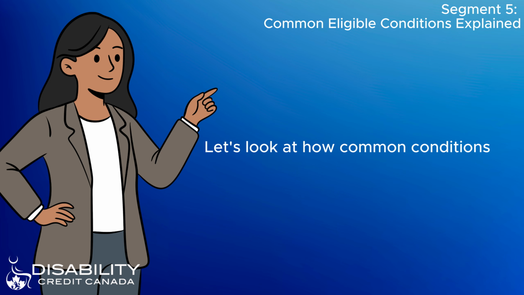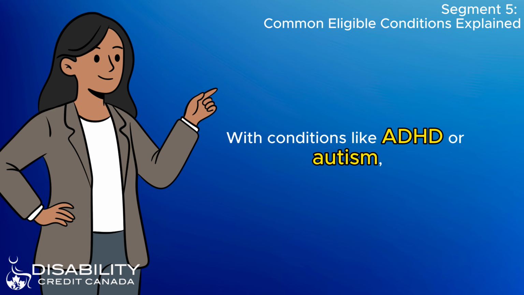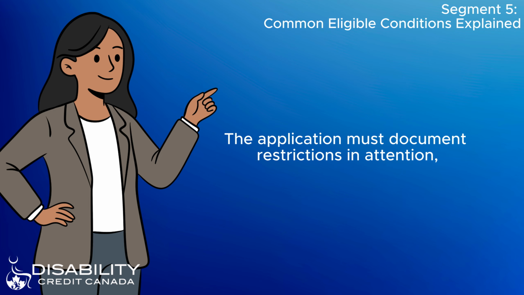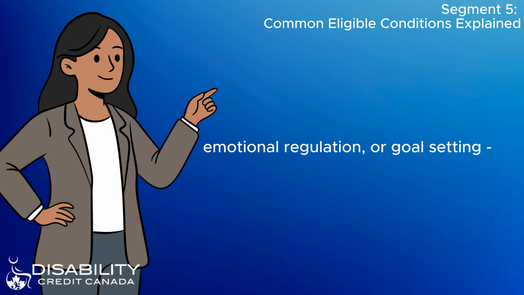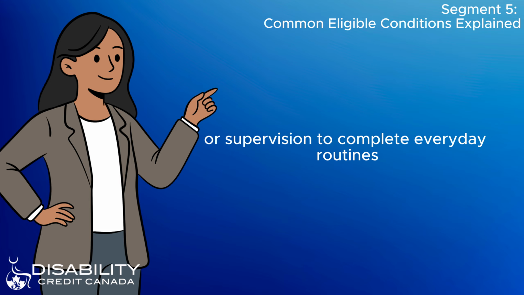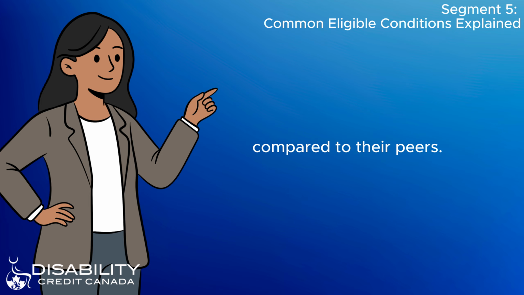Let's look at how common conditions map onto these rules based on our full eligibility guide. With conditions like ADHD or autism, the focus is usually on the mental functions category. The application must document restrictions in attention, emotional regulation, or goal setting, showing that a child or adult requires constant prompting or supervision to complete everyday routines compared to their peers.